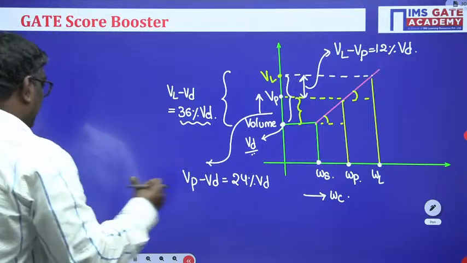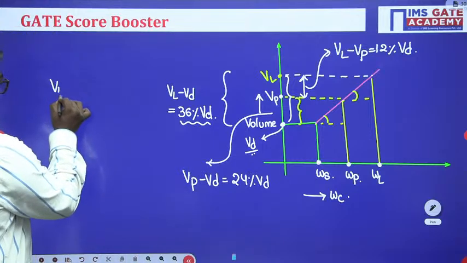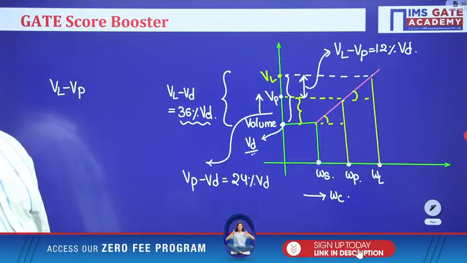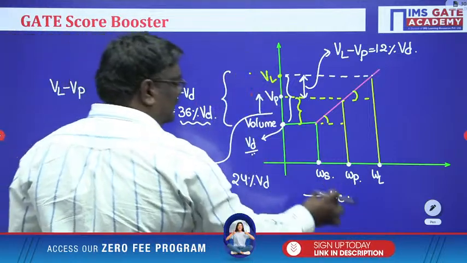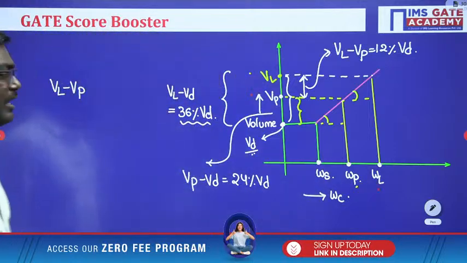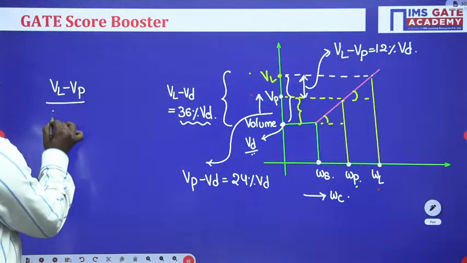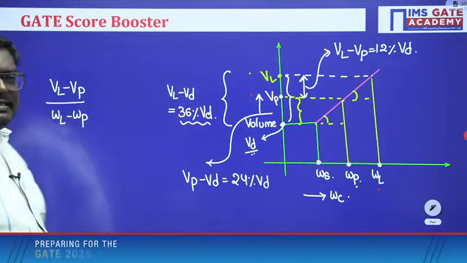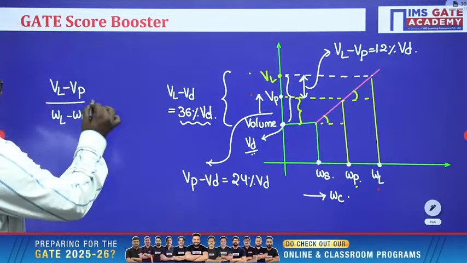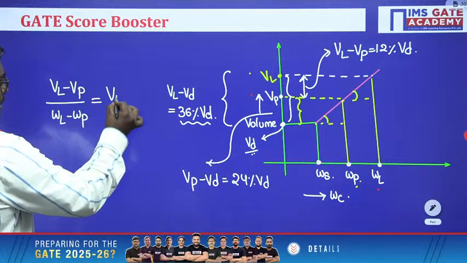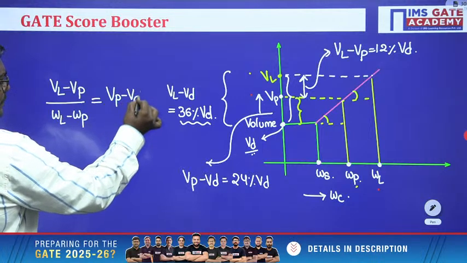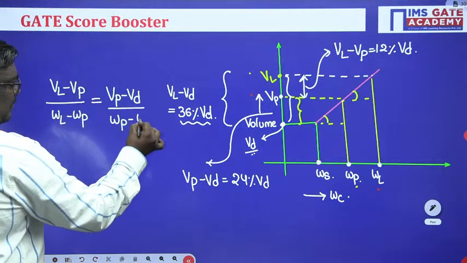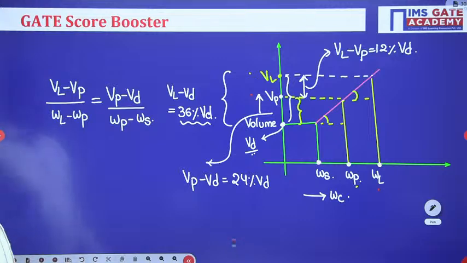Now you can write from that equation VL minus VP is equal to Y2 minus Y1 by X2 minus X1, that is WL minus WP, and is equal to VP minus VD upon WP minus WS. Agree?